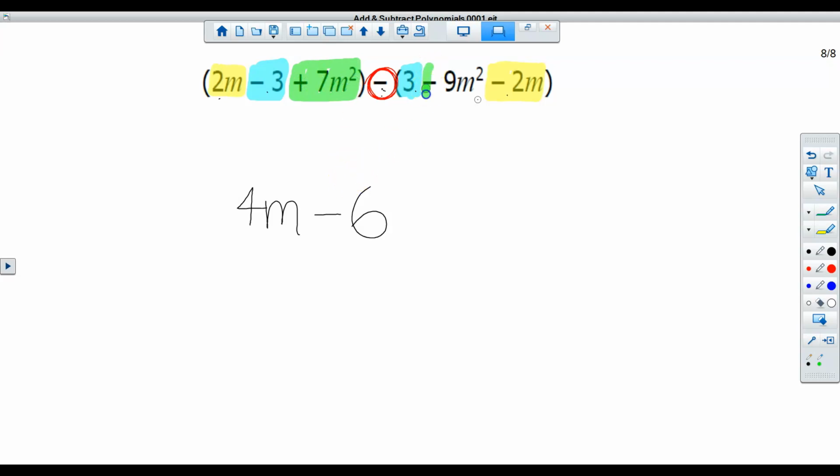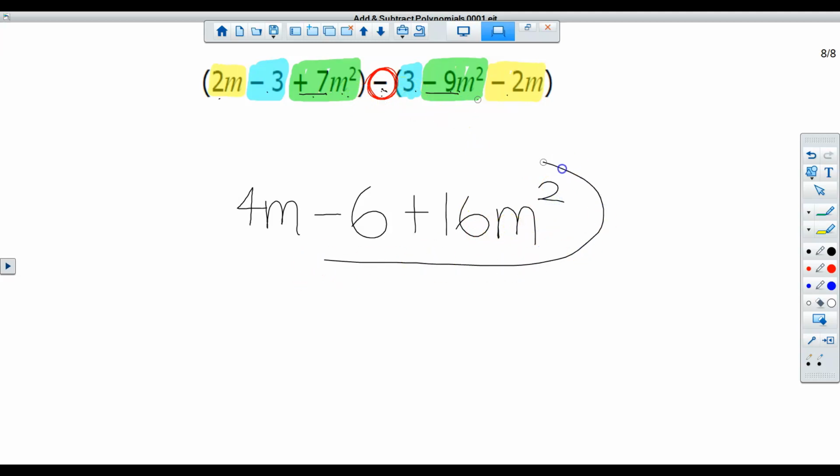The term that has the same variable is negative 9m squared. And again here we're going to subtract these like terms. So we're going to do positive 7 minus negative 9. So 7 minus negative 9 is a positive 16. Both ended with m squared, so this 16 needs an m squared. And there is your answer.